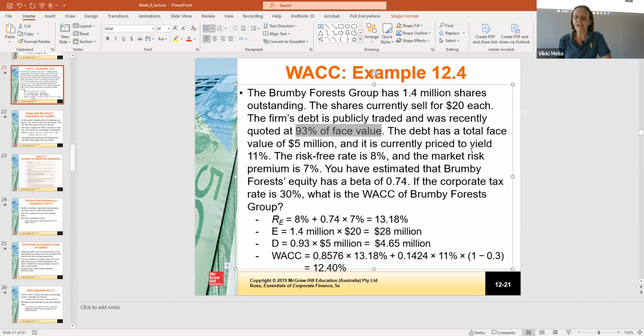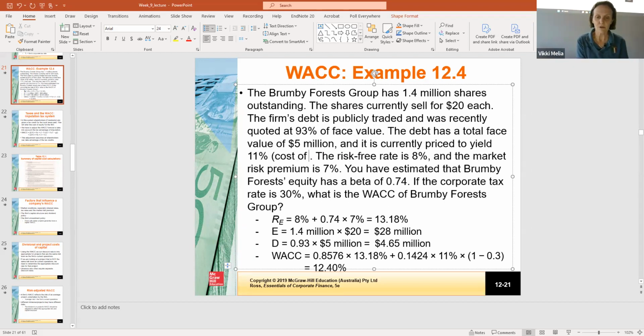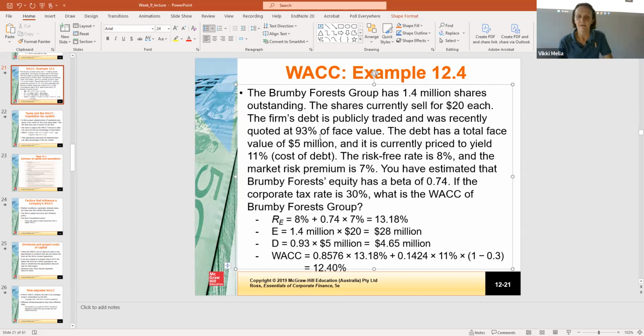It's currently priced to yield 11%. The 11% is the cost of the debt. The current yield is the cost of the debt. So we can work out the market value. It's 93% of the face value, and we've got the cost of the debt.